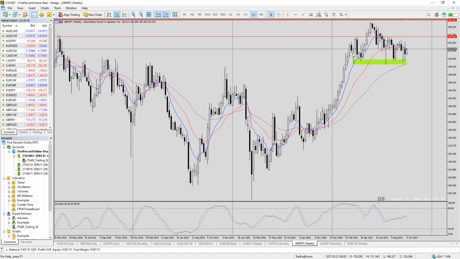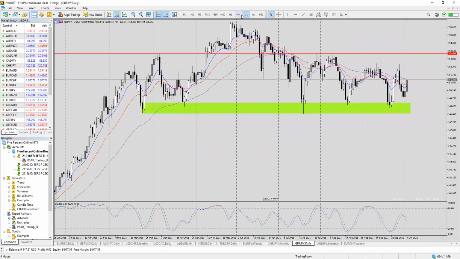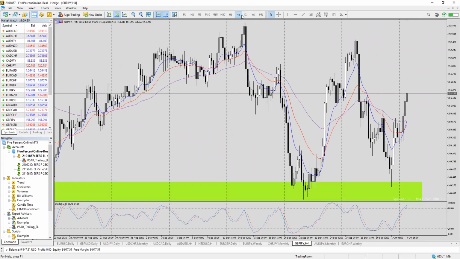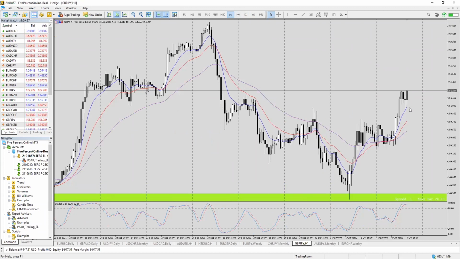So it could turn around and eventually break down. At the moment, it still has nice support around here. On the shorter time frames, those of you who are looking to go long, just trade with the trend. Wait for breakouts, retests.